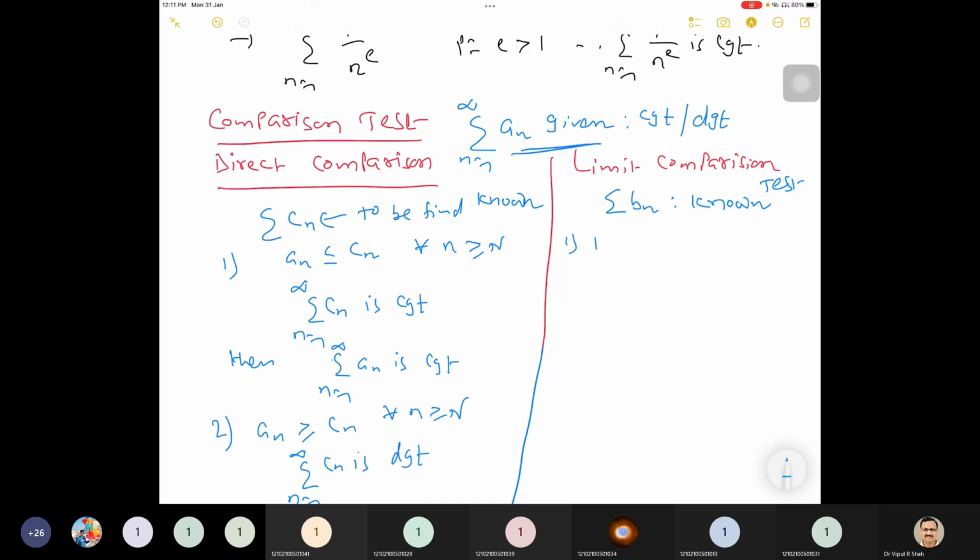Now you find out some limit, limit n tends to infinity an upon bn. And if this limit is some positive number, like c greater than 0, then series an and series bn both converge or both diverge.